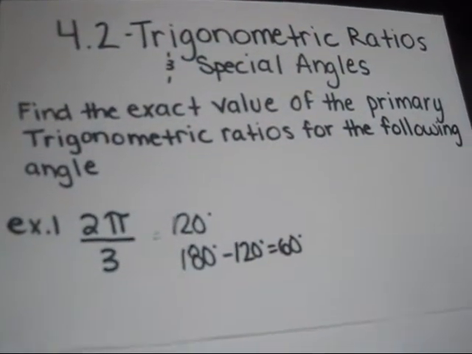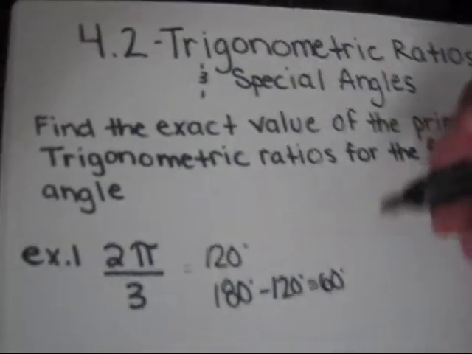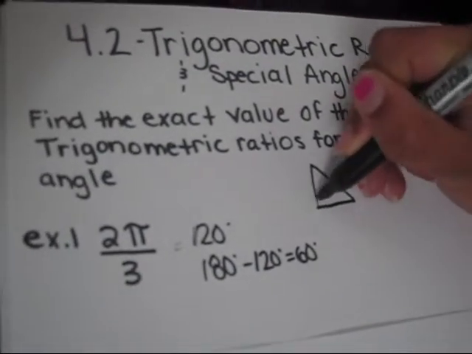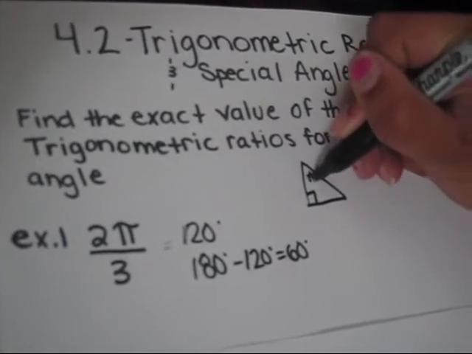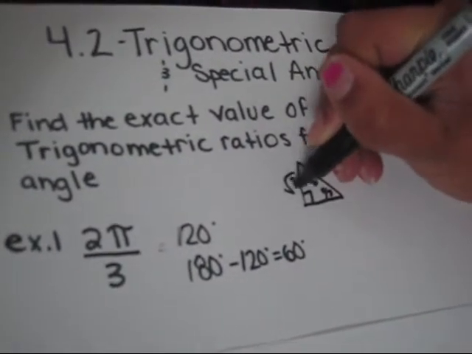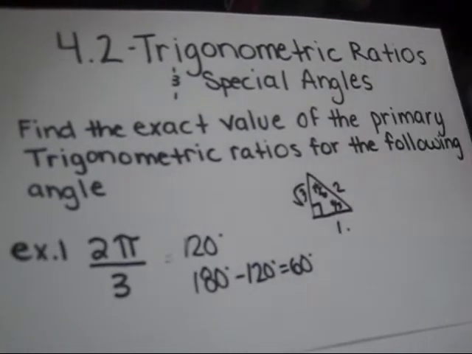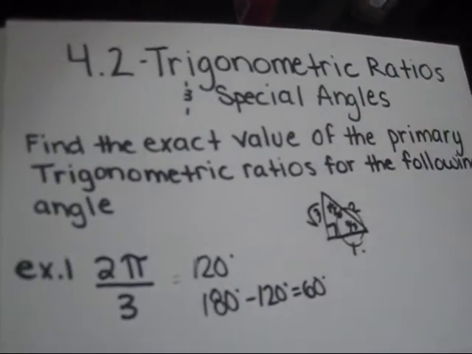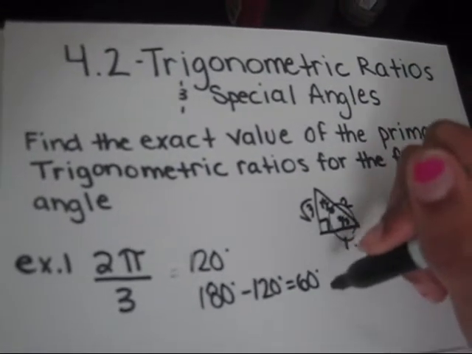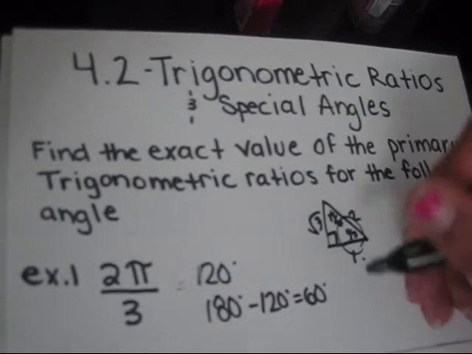The special angle can be seen in a triangle form, looking at this side, pi over 3, which is also equal to 60 degrees.